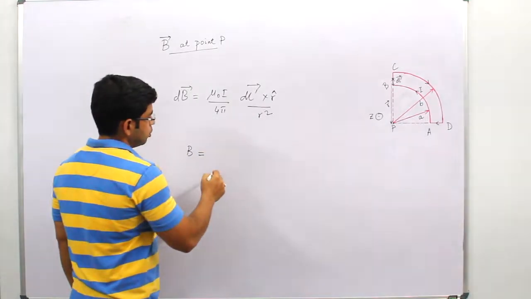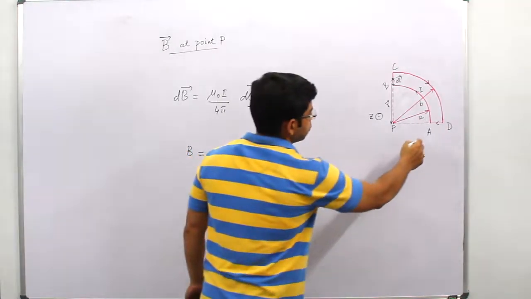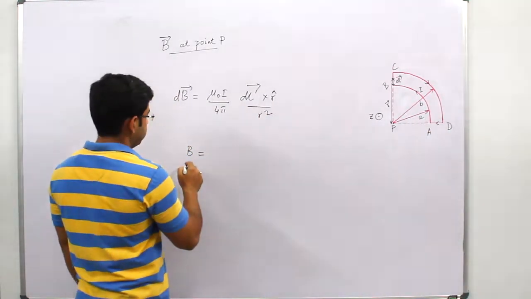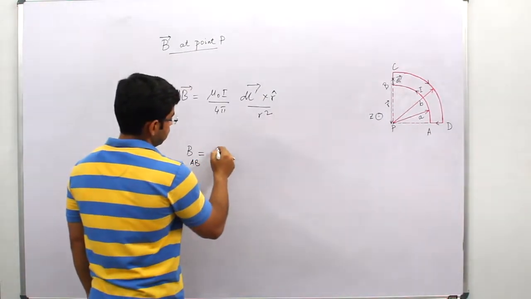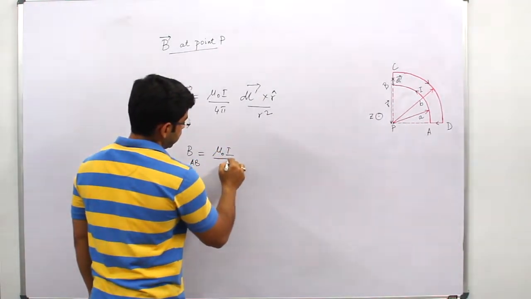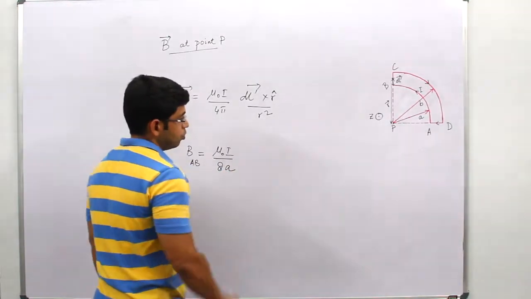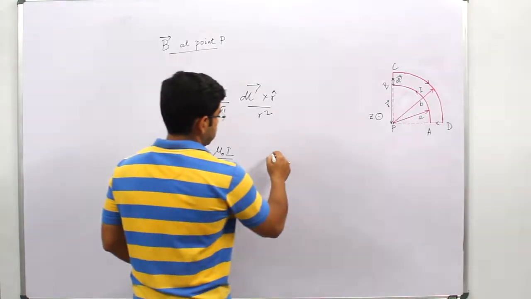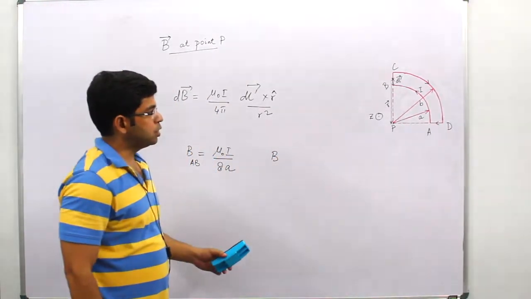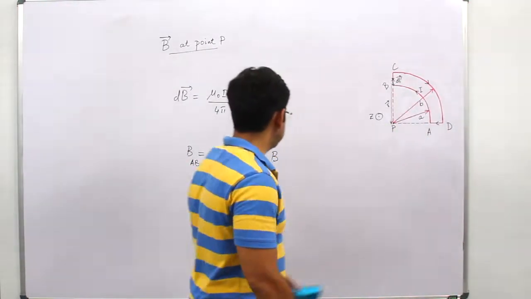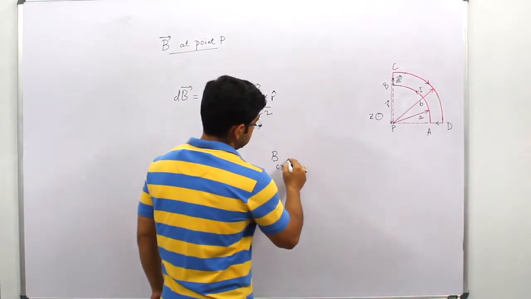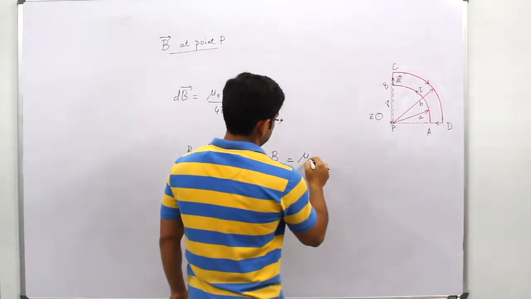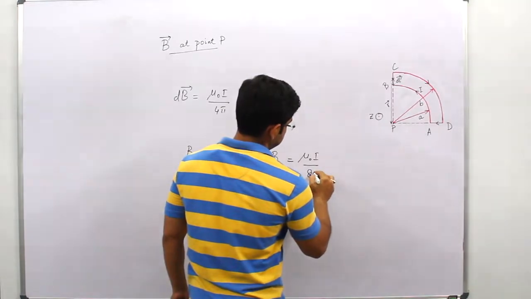So the magnitude of B, say for the quarter circle AB, will be mu 0 I by 8a, where a is the radius of the circle. Similarly, the magnetic field contribution due to the arm CD will be equal to mu 0 I by 8b.